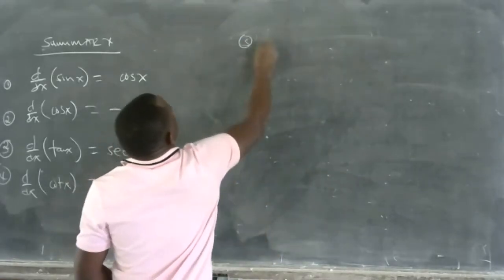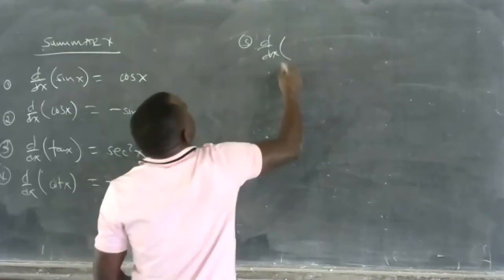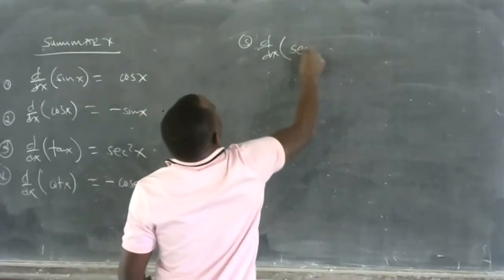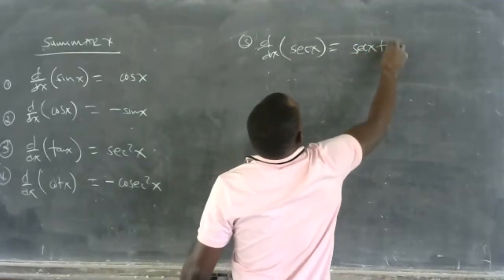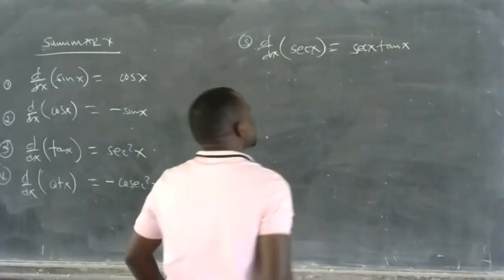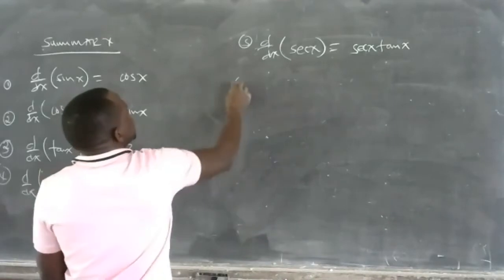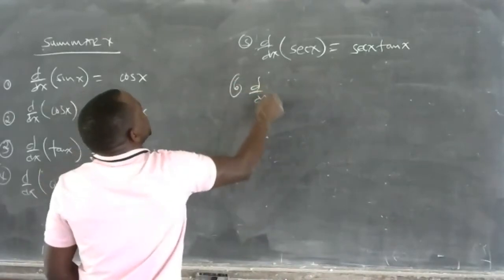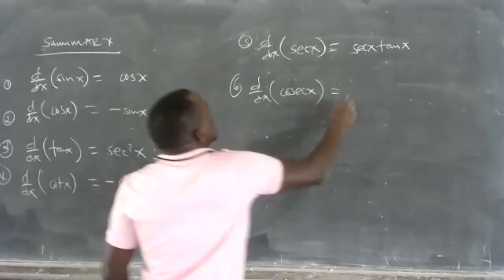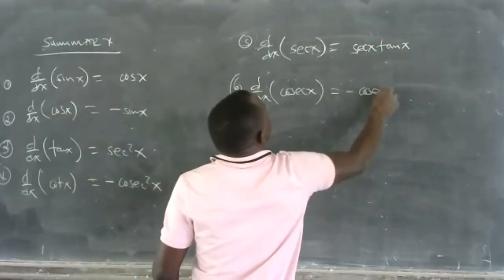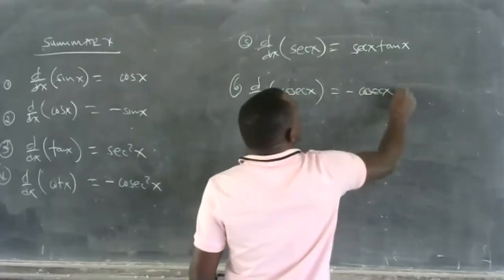Five is one over cos x, which is sec x. You get sec x tan x. DDX of cosec x is negative cosec x cot x.